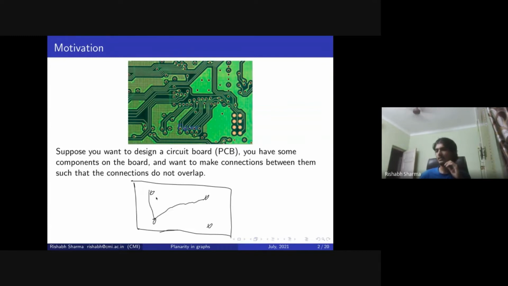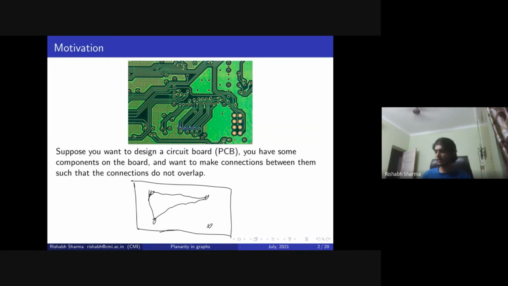These connections have to be in such a way that they do not cross, because these connections are not insulated. As you can see in this figure at the top, the connections run parallel to each other and do not intersect. You want to make sure that they don't intersect because they're not insulated, and if they intersect, then the currents will interfere with one another, and that's not something we want.